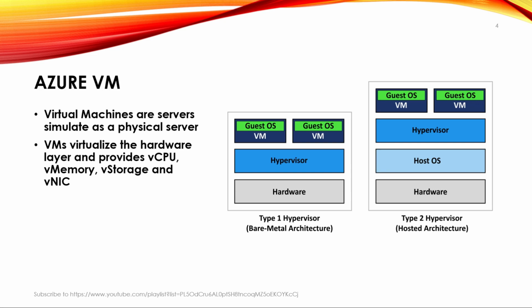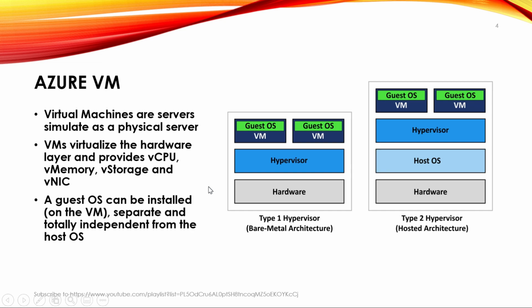So VMs utilize the hardware layer, this one, and provide virtual CPU, virtual memory, virtual storage, and virtual NIC. It will utilize all these things which are actually available at the hardware layer. A guest operating system can be installed on the virtual machine, separate and totally independent from the host operating system.